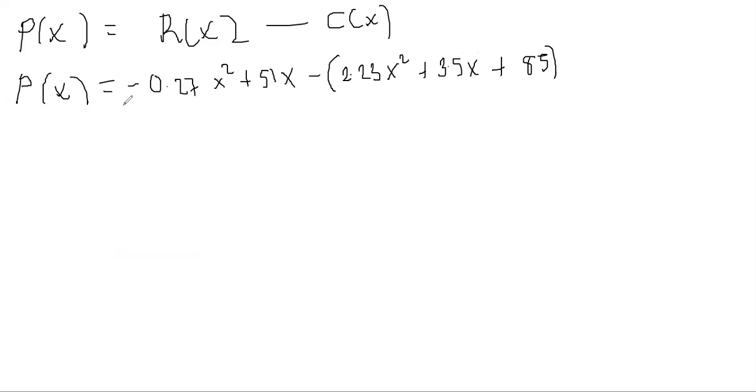So obviously, what we will do, we collect the like terms. Remember that this is 0.27 x raised to the power of 2, so this and this are like terms. So you just say minus 0.27 x raised to the power of 2 minus 2.23 x raised to the power of 2, and you will have the answer.